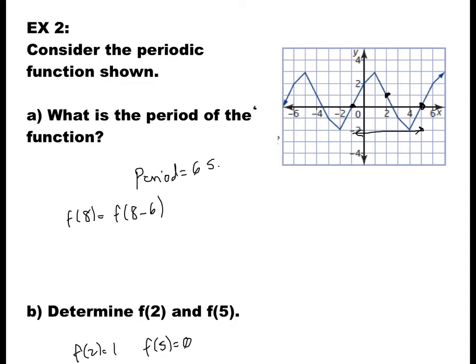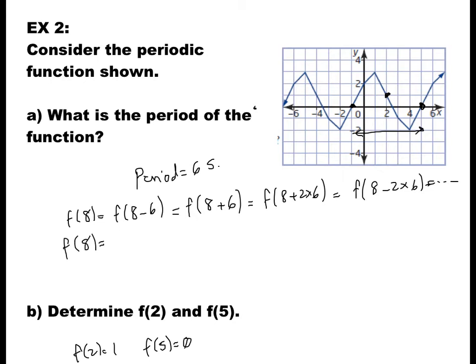So either I go to the left, f of 8 minus 6, or I can say f of 8 plus 6, which is the same as f of 8 plus 2 times 6, 2 periods to the right. Or I can go 2 periods to the left, and so forth. This means that f of 8 is the same as f of 2. But we know f of 2 from the graph is going to be 1. So we can say that f of 8 is equal to 1.